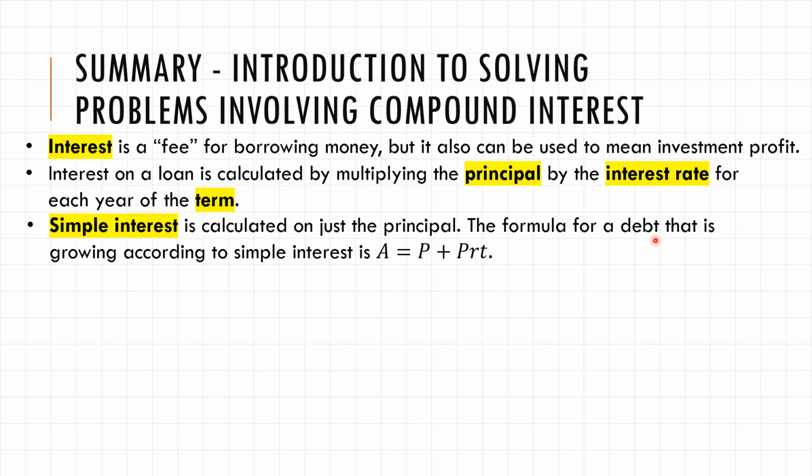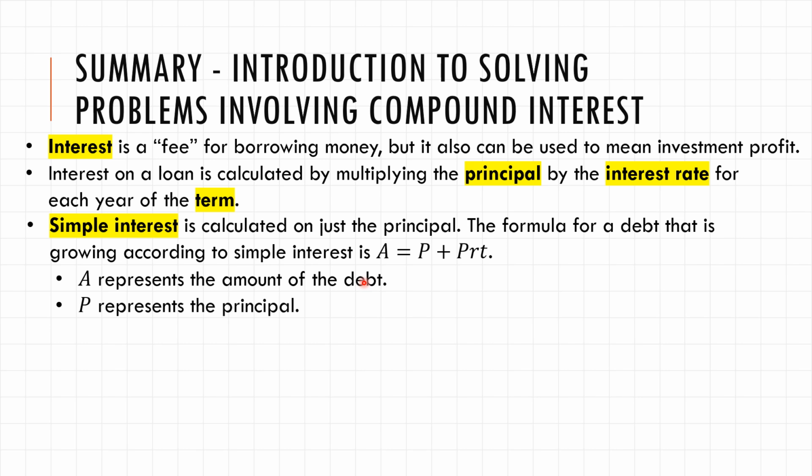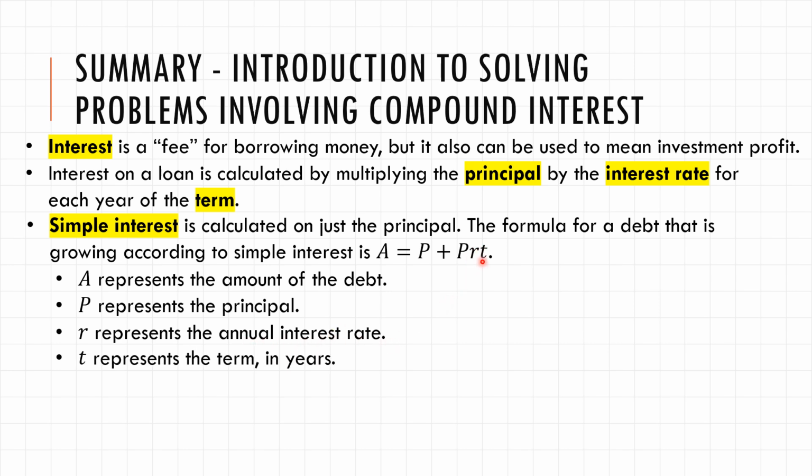And the formula for a debt or a loan that is growing according to simple interest, the amount that you have to pay back at the end, is calculated by A equals P plus PRT. A is the amount of the debt. P represents the principal, or the amount that is borrowed at the beginning. R represents the annual interest rate. And T represents the term, which is the number of years.